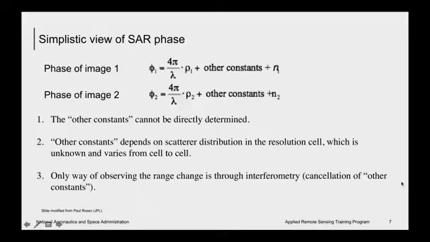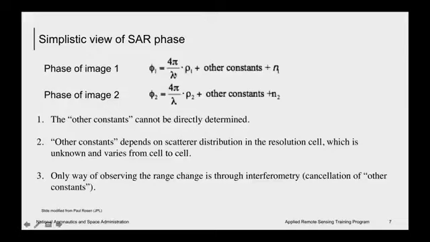So, as a very simplistic way to look at this, the phase of image 1 has this standard thing in all interferometry. It's the 4 pi over lambda, lambda being the radar wavelength. 4 pi because it would be 2 pi, 2 pi is a full circle of phase, but in this case, because the radar beam is going out and coming back, we have to multiply by 2.